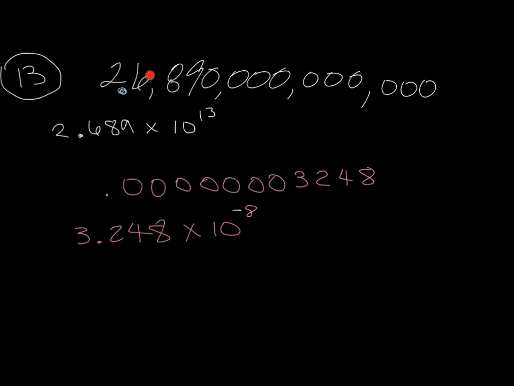That number is bigger than 1, therefore my exponent's positive. This number here is smaller than 1. There's no number over here. So when it's all decimals over here, then my number is very small, which means my exponent's going to be negative. Okay, so let's try a couple of these just to practice on.